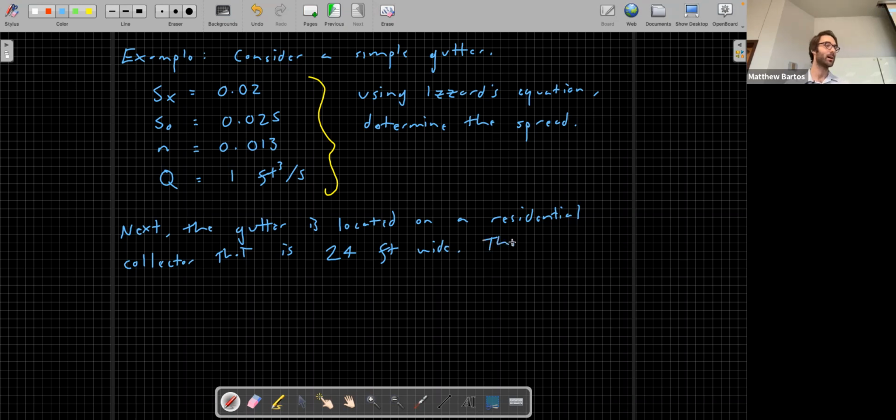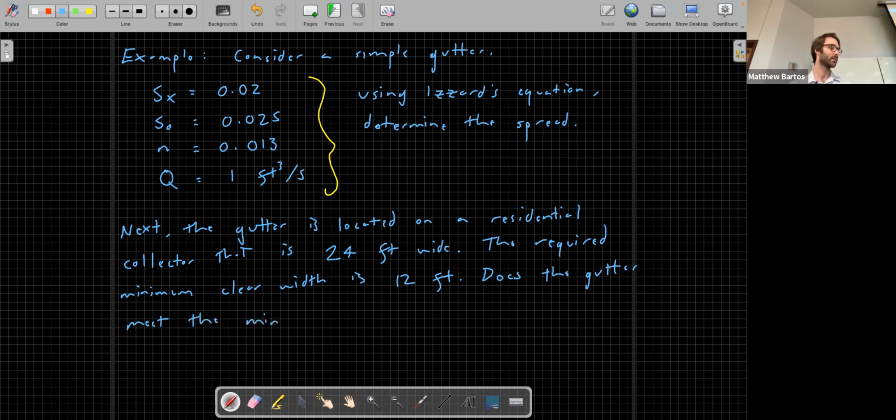And the required minimum clear width is 12 feet. So I want you to find out, does the gutter meet the minimum clear width for this discharge rate? I'll give you about 5 to 10 minutes to work on this problem, and I will come around and check on you as you do so.